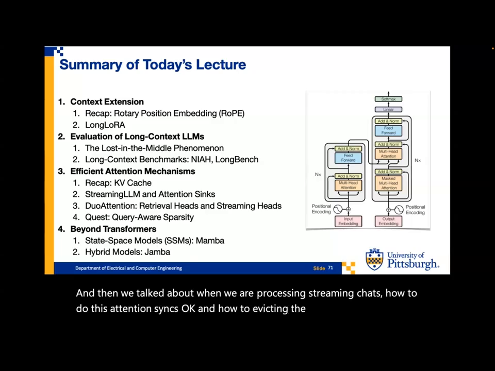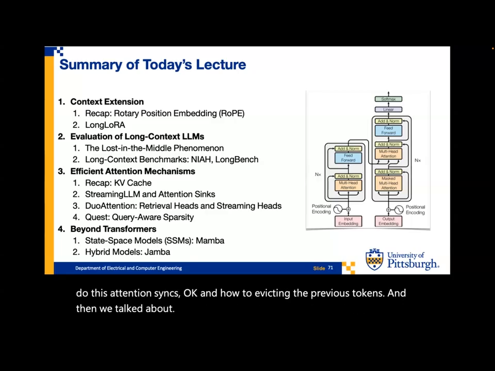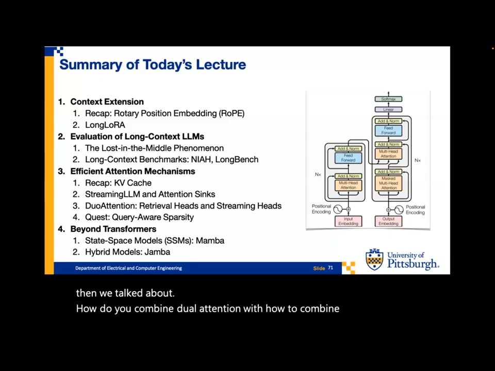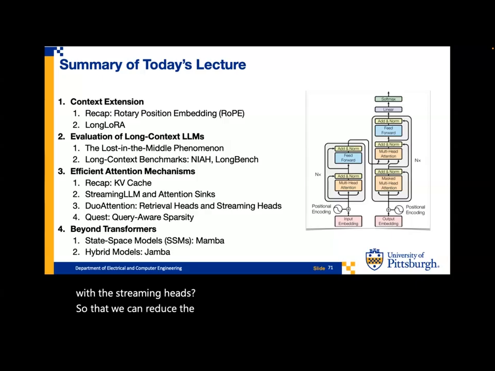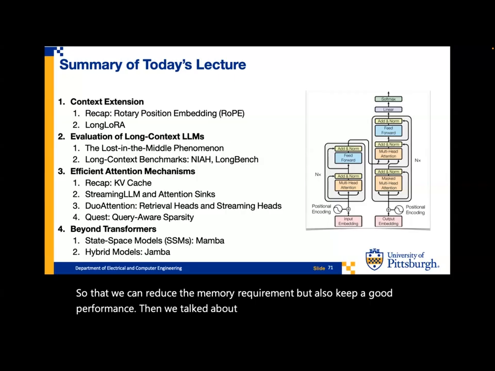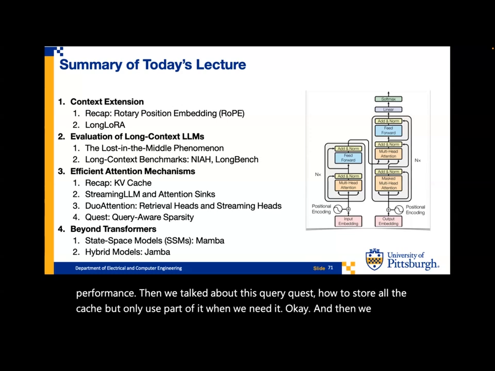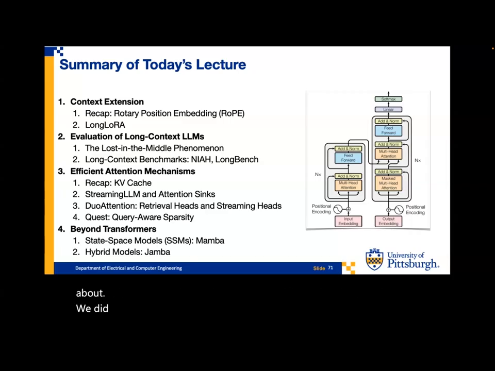Then we talked about how to combine retrieval heads with the streaming heads, so that we can reduce the memory requirement but also keep good performance. Then we talked about Quest, how to store all the cache but only use part of it when we need it. Okay. We did so many things to optimize the attention process.